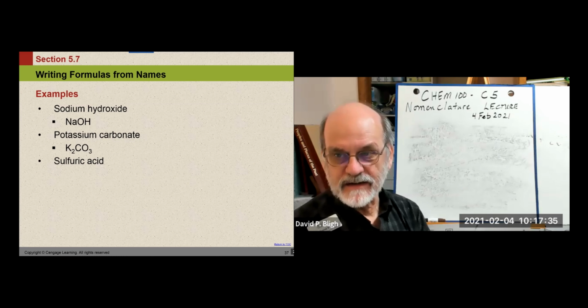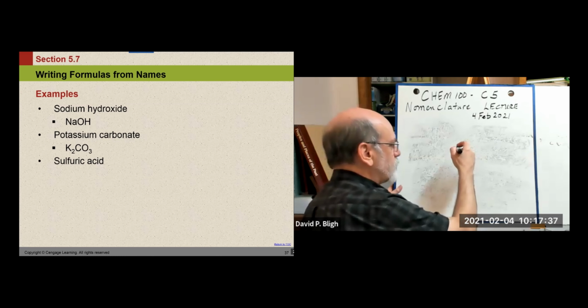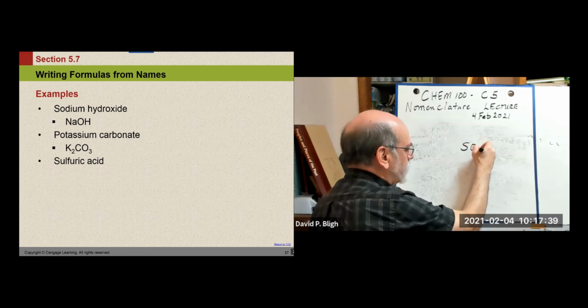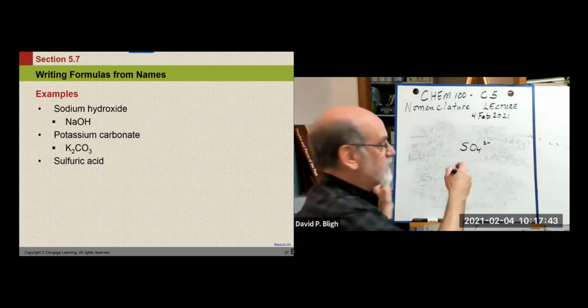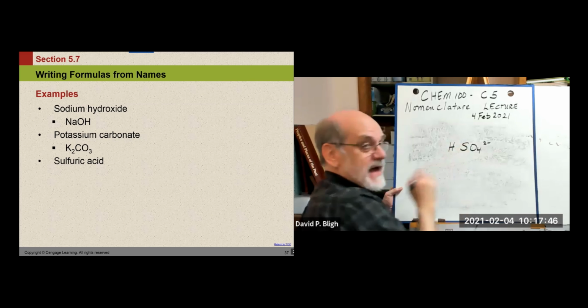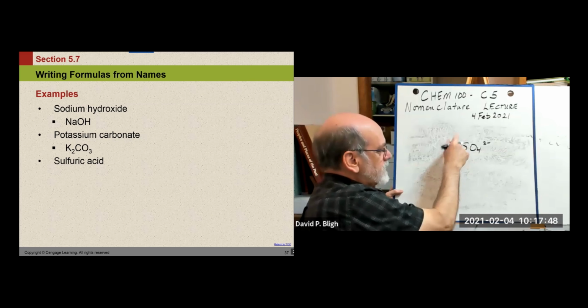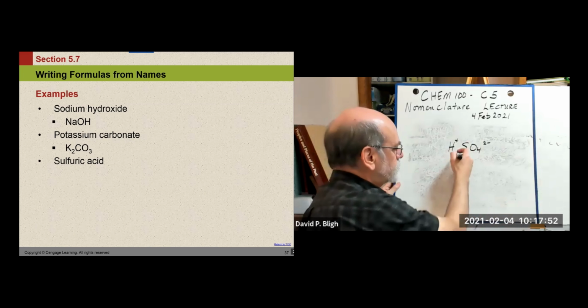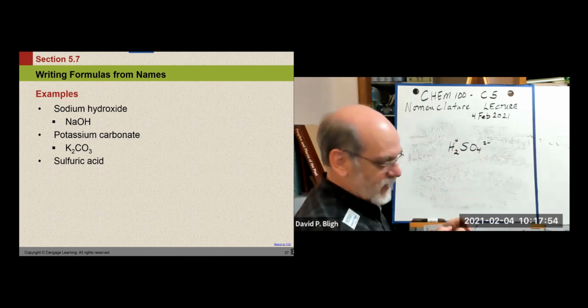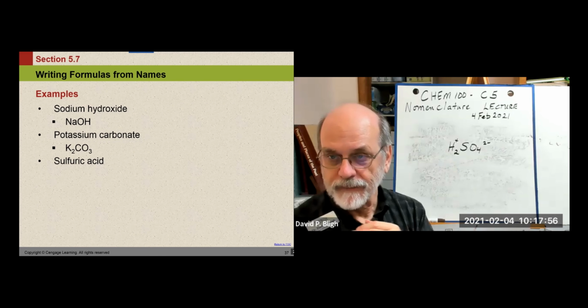So the sulfate is the origin of sulfuric acid. And if it's an acid, it has to have dissociable hydrogens. So we need hydrogens, which are +1. Like that.